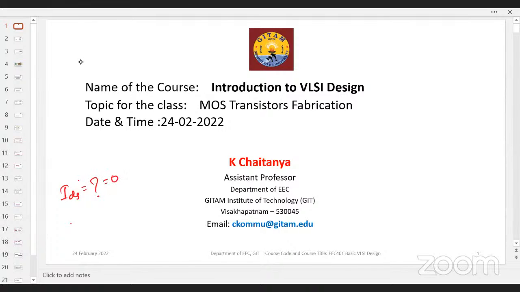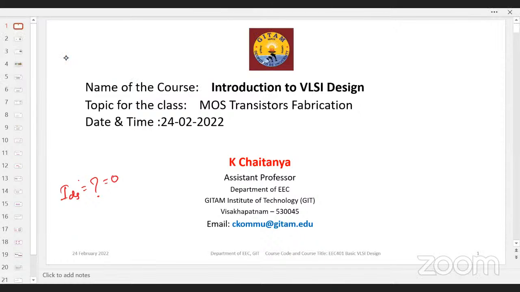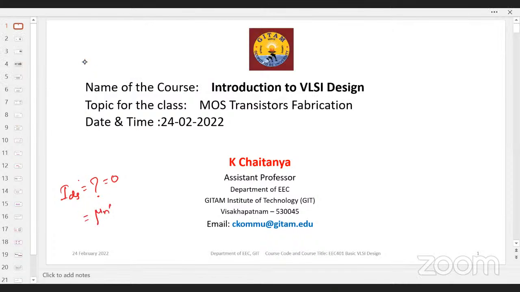What is the IDS value at linear region of operation? IDS is equal to mu n into C oxide into W by L into (VGS minus VTH) into VDS.